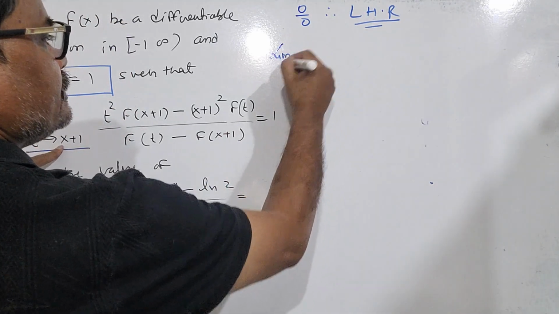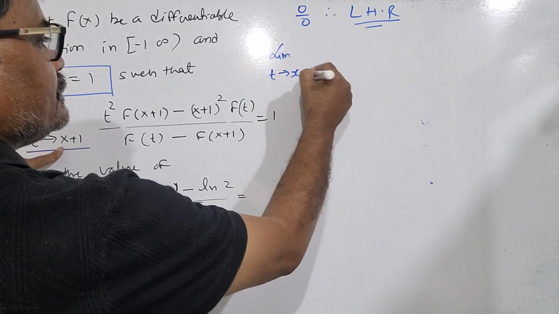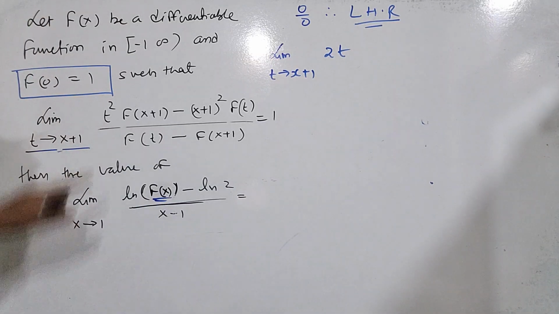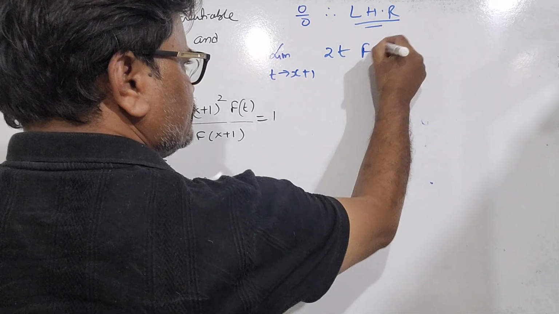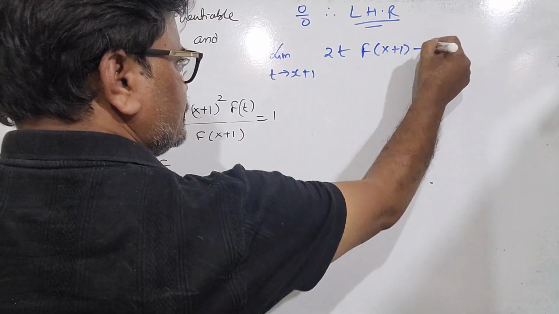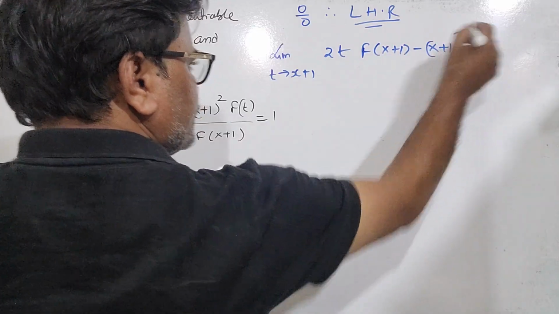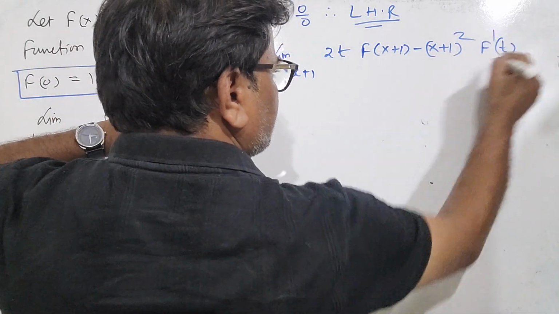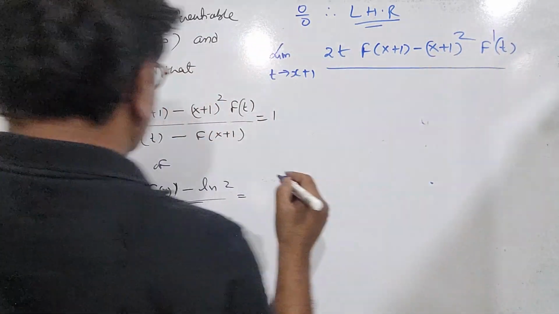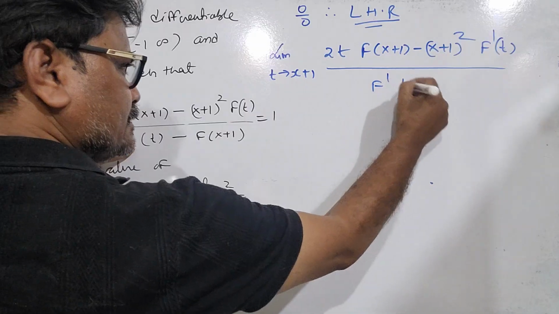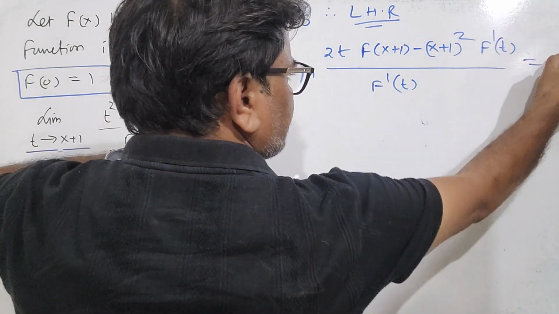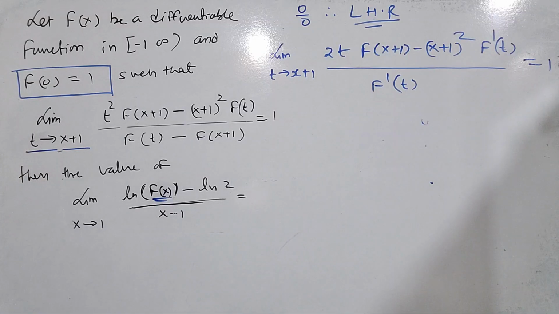So this is the limit t approaching x plus 1. The derivative of t squared is 2t, f(x+1) is constant, minus (x+1) whole squared is a constant, times f dash of t, divided by the derivative of f(t) minus the constant, whose derivative is 0, and that is given as 1.